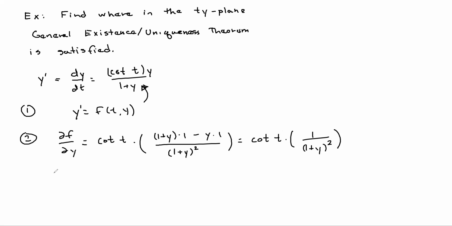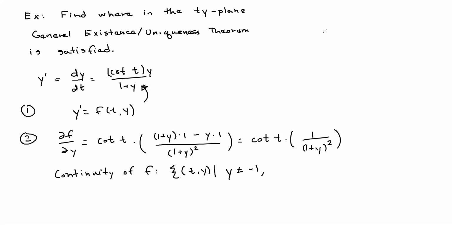squared. Okay, so once we've gone through and found our partial, we can calculate the continuity of f. So that's this original. All right, so where would that be continuous? And we need to think in terms of t's and y's. We can see easily enough that y cannot be -1.